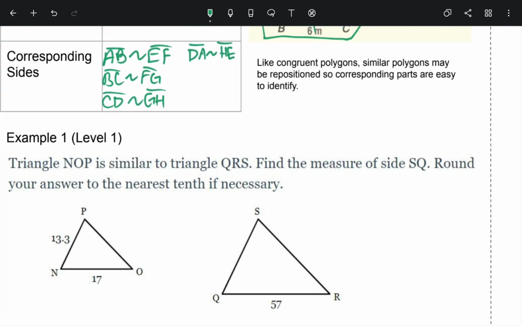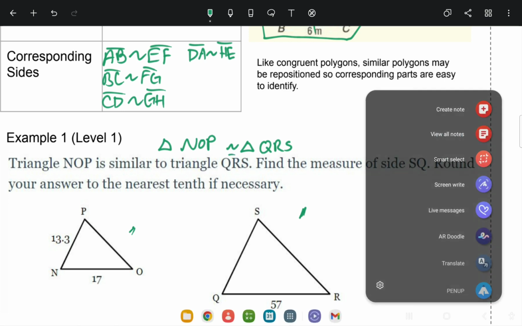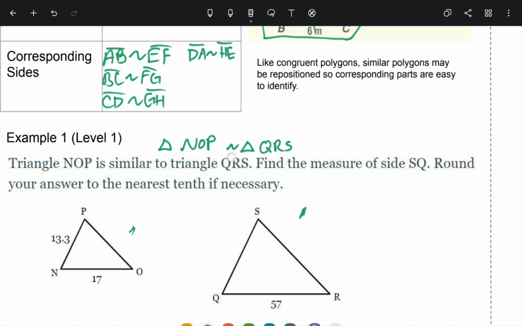So now we have triangle NOP over here on the left is similar to triangle QRS. So the similarity statement would be triangle NOP is similar to triangle QRS. We want to find the measure of side SQ, rounding our answer to the nearest tenth if necessary. First I see we have side NO and side QR. I'm going to set that up in a ratio.